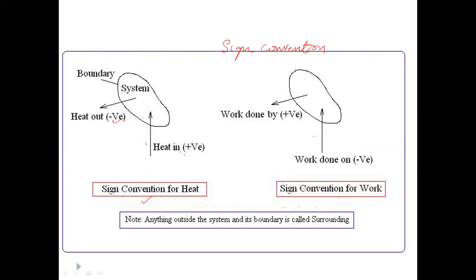Work done by the system is taken as positive and work done on the system is taken as negative. If work is done on the system, we call it negative work, and if work is done by the system, we call it positive work. So the reverse: heat transfer into the system is positive and heat transfer out of the system is negative. Anything outside the system and its boundary is called the surroundings.